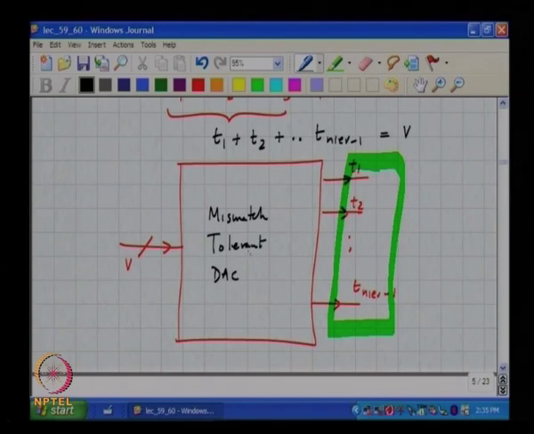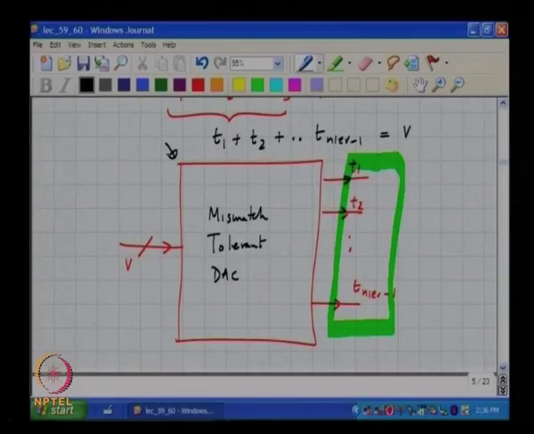So, that in the absence of mismatch, okay, if there is no mismatch at all, then regardless of what algorithm you use inside, you must get the ideal spectrum that you want. Does this make sense?